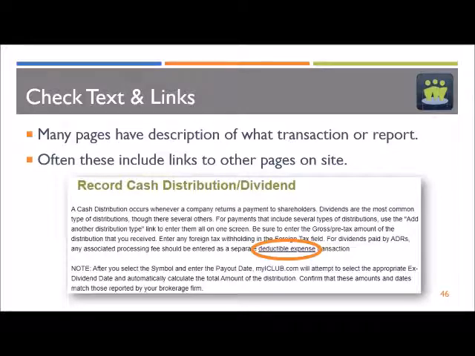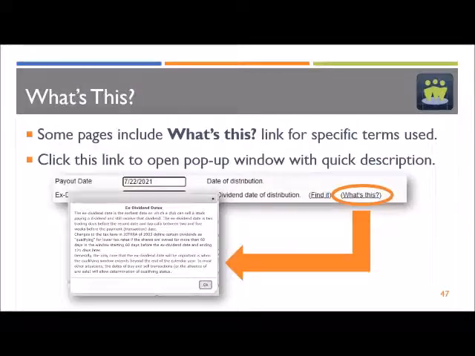I'll say also in multiple cases, as we see here, we have links out to other pages on the site, if we think there's a chance that you might need to put in a different type of transaction. In this case, we've got the link out to that deductible expense. I will say also on a lot of the pages, and again, we're using the dividend here because it's a common one, you will see a "What's this?"